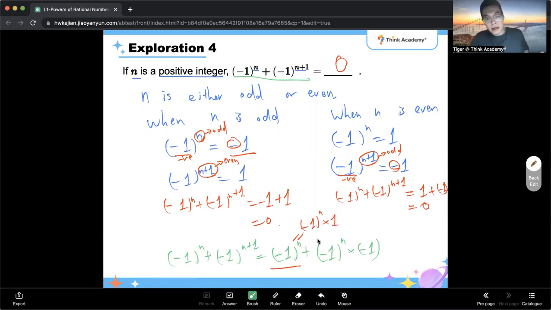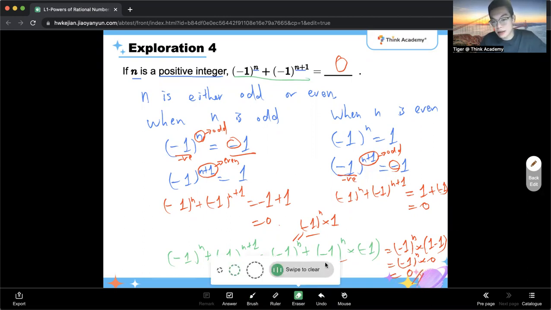Because anything is itself times 1. So now, when I'm adding (-1) to the power n times 1 and (-1) to the power n times -1, I can extract the common multiplier, which is (-1) to the power n. And then I multiply it by 1 take away 1, because I have 1 and -1, right? Which is multiplying 0. And we know that anything multiplying 0 is 0. So the answer is 0. That's going to be the second method.